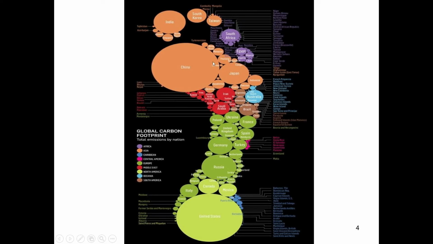Just see that China and the United States are the major contributors to the carbon footprint, and then Japan, India and Russia are competing with each other over who is polluting this world more. And then South Korea, Taiwan, Australia, Germany and others are also in a race.